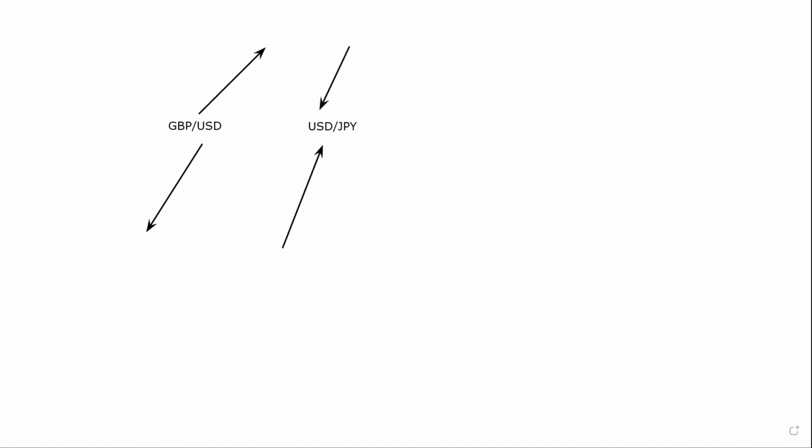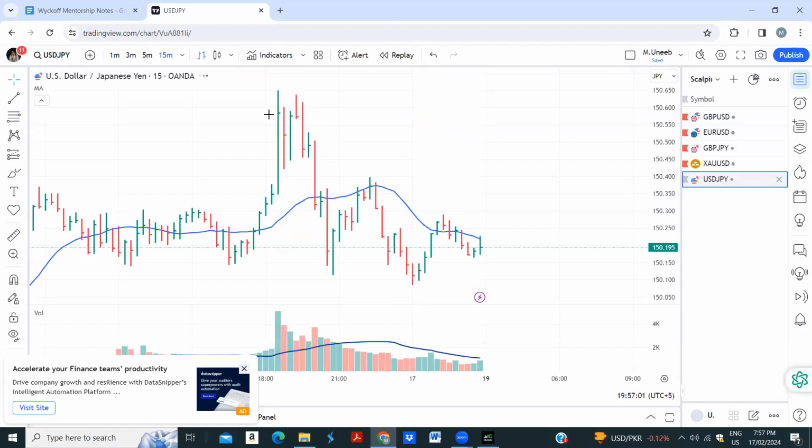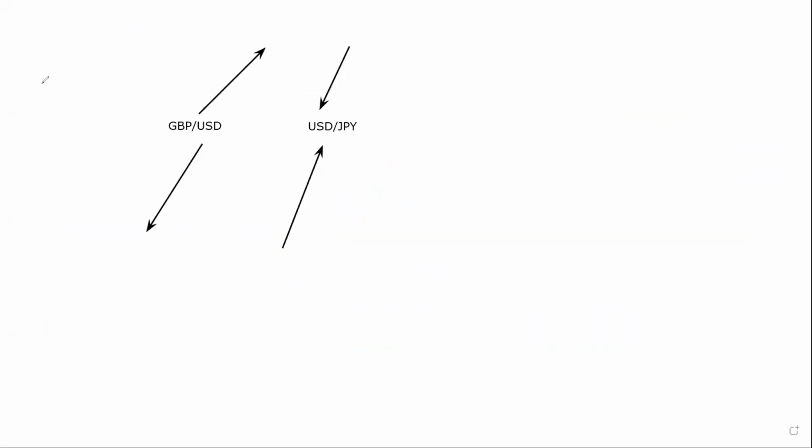This type of correlation is known as, I also show you here on the screen. Like here, GBP/USD is going up, and here USD/JPY is going down. This type of correlation is known as negative correlation.